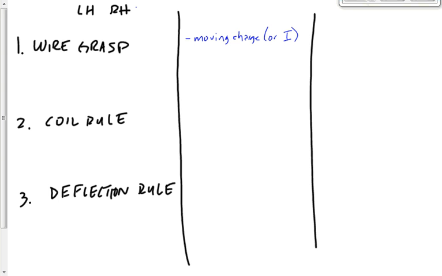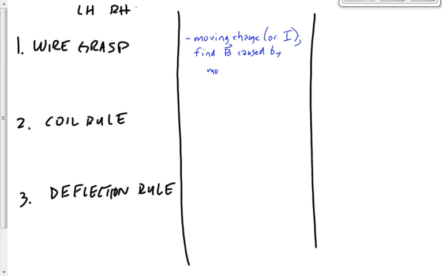I is electric current, right? We may have an electric current, which is a charge moving through a wire, or we may just have an alpha particle moving through the air, or a sodium ion moving through the air, or whatever moving through the air. We've got a moving charge. It will generate its own magnetic field. We want to find the magnetic field that's caused by the moving charge.